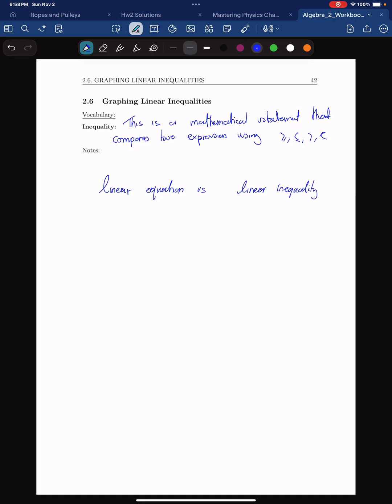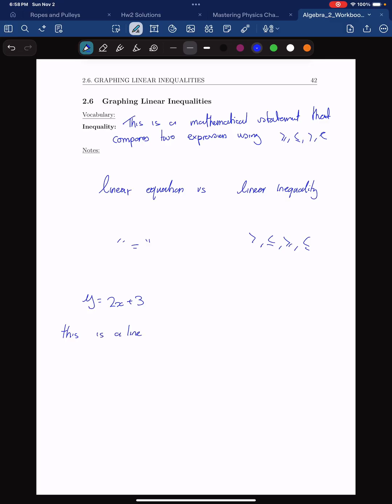A linear equation uses an equal sign. You have a linear inequality if you see these symbols. An example of a linear equation would be y equals 2x plus 3. A solution to this is a line, like this is a line.